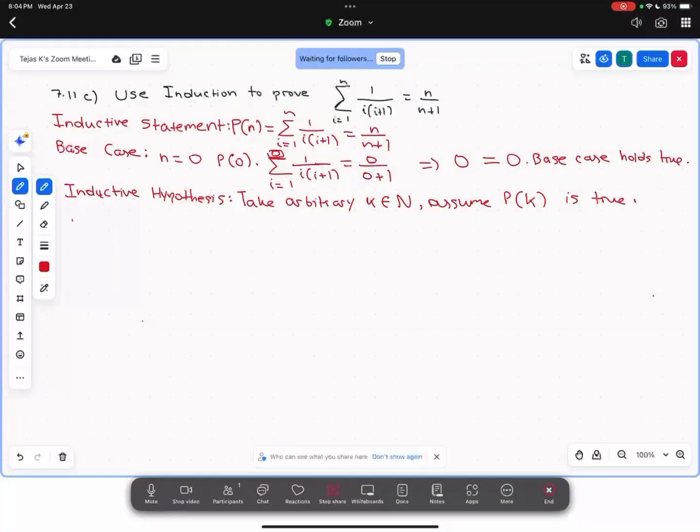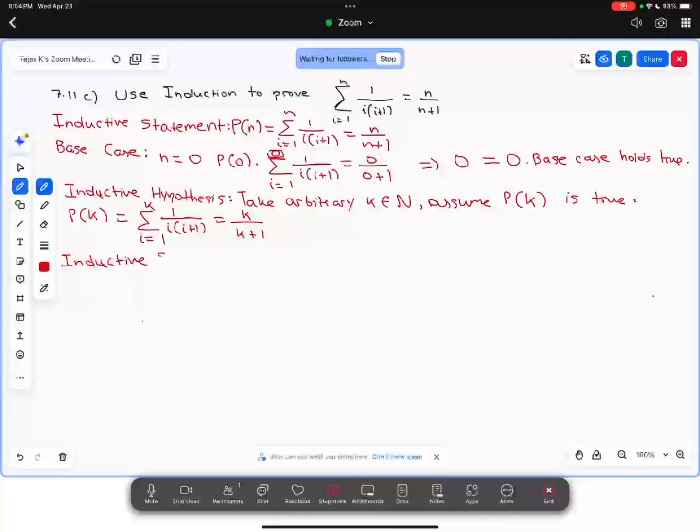So what is P of k? P of k is essentially just the sum from i equals 1 to k of 1 over i times (i plus 1) is equal to k over k plus 1. So that is P of k. So now that we're done with the inductive hypothesis, let's move on to the inductive step.